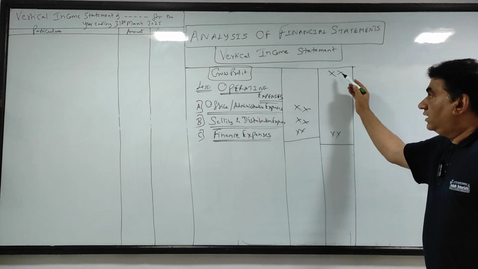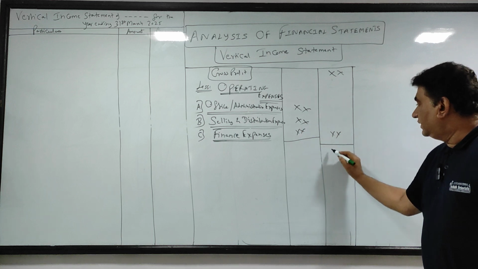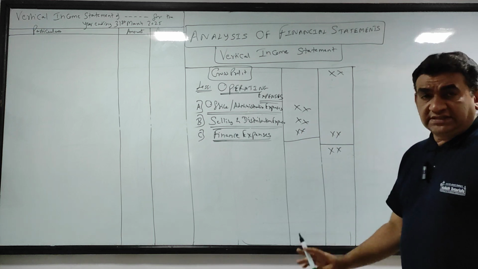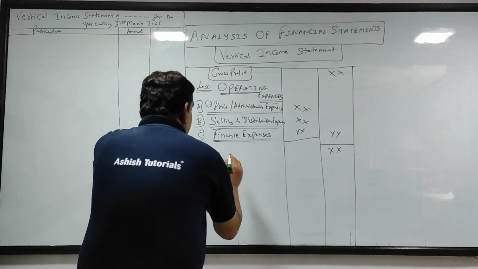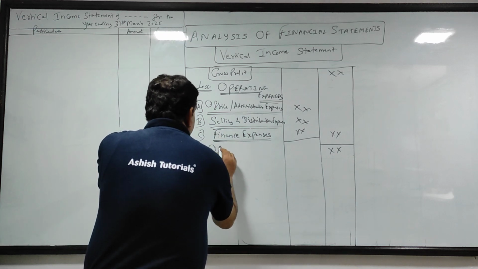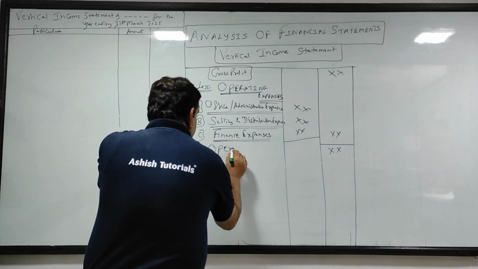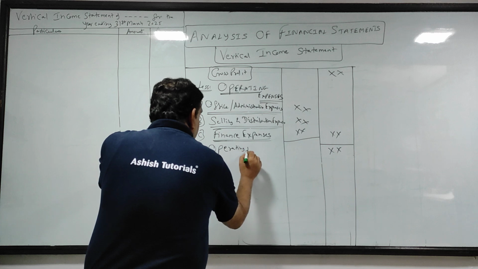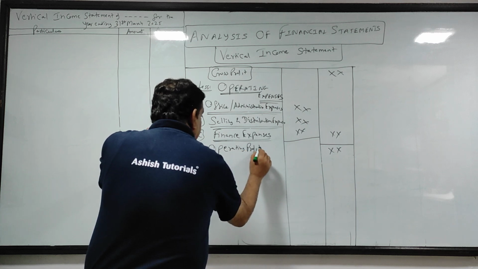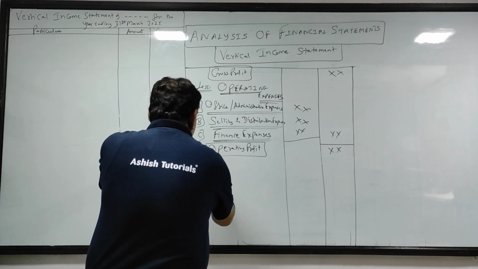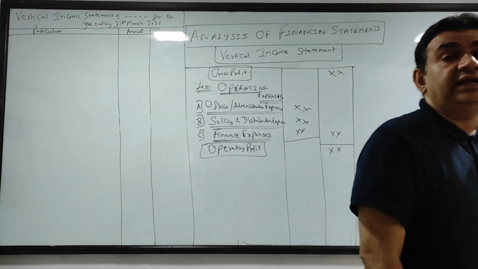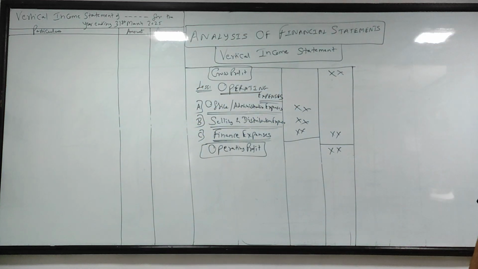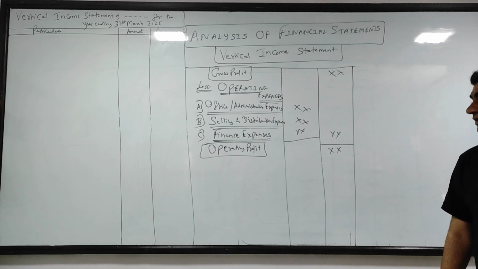From gross profit, deduct operating expense, and the difference what you get, that will be your operating profit.